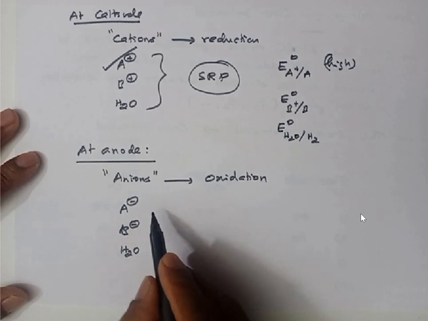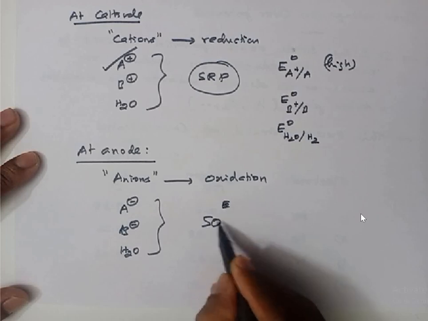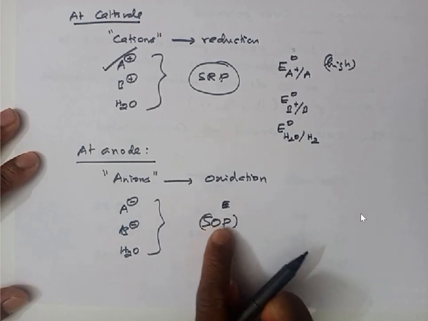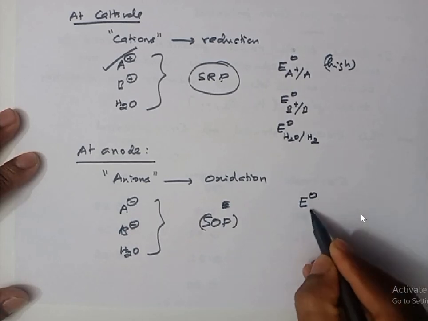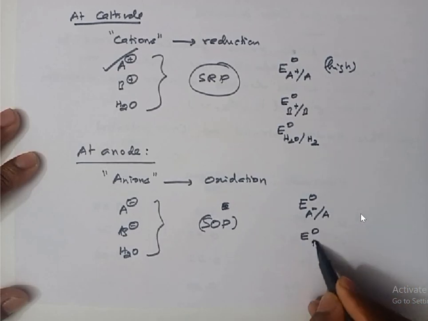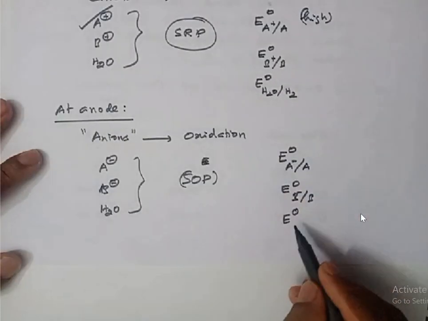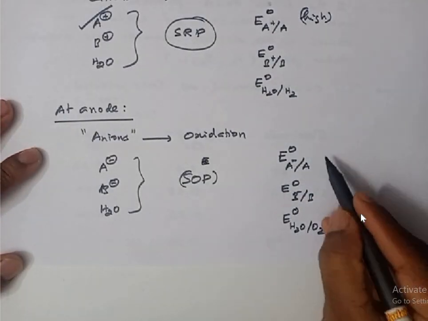Now for the oxidation reaction, you have to consider SOP values. What is SOP? Standard oxidation potential. So the standard oxidation potential of A minus becoming A, the standard oxidation potential of B minus becoming B, and the standard oxidation potential of H2O becoming oxygen. Compare the values.